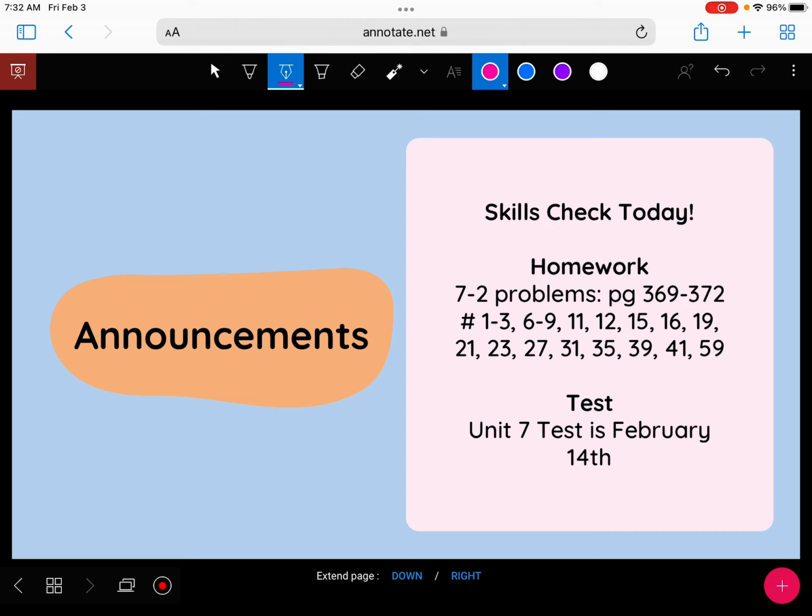So don't forget, write your name. This is open notes. You have access to all your bell works. When you turn this in, make sure you turn your bell work in as well for completion points. And if you have questions, let us know.